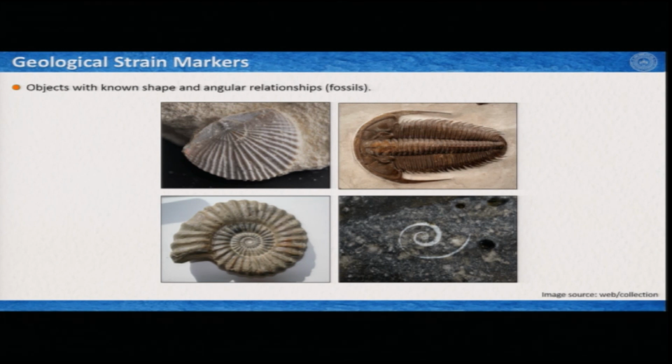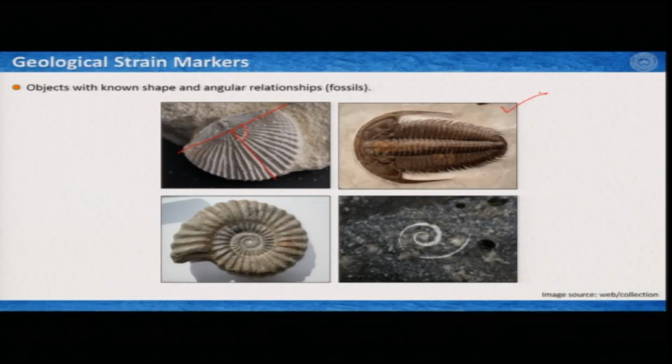You can see that it has a sort of bilateral symmetry. So this line and this line, if you consider them, are at 90 degrees if it is undeformed. If you do not see that these angular relationships are maintained in some exposures, then your rock is deformed, and using this you can analyze the strain.